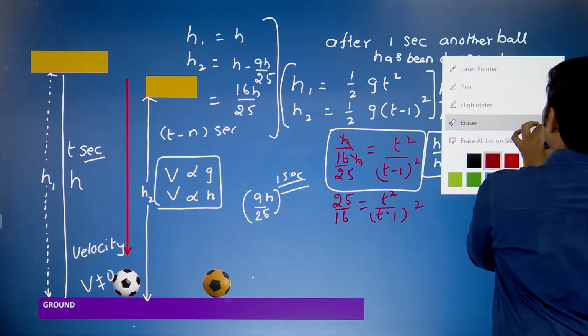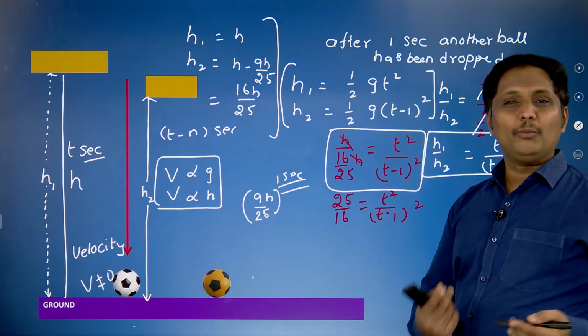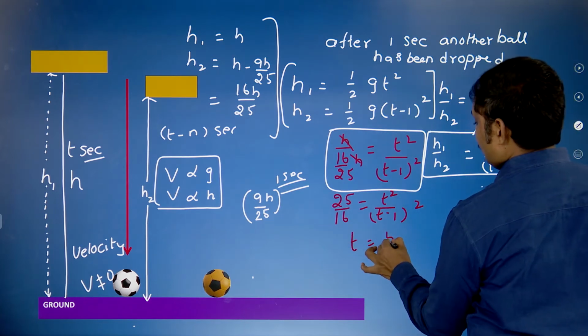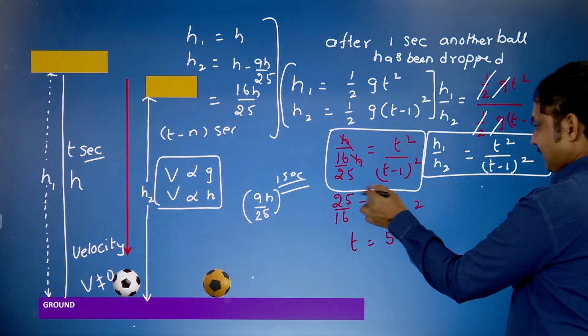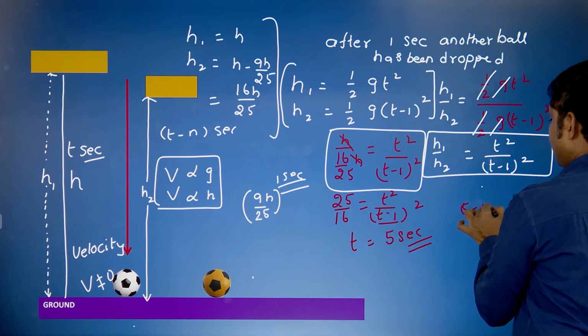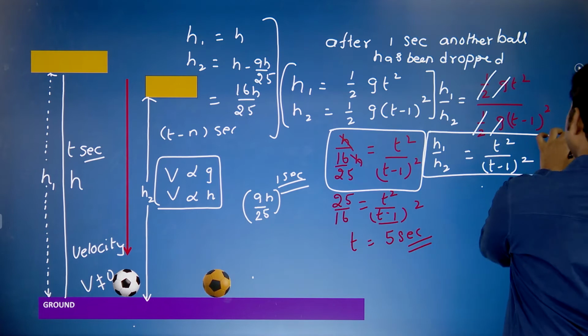Yes. So easily in that case, in the trial and error method, we will solve the problems within short period of time. So you will get that t is equal to 5 seconds. It's very clear. By getting that ratio, it's going to be t minus 1. Therefore 5 minus 1, easily you will get this.